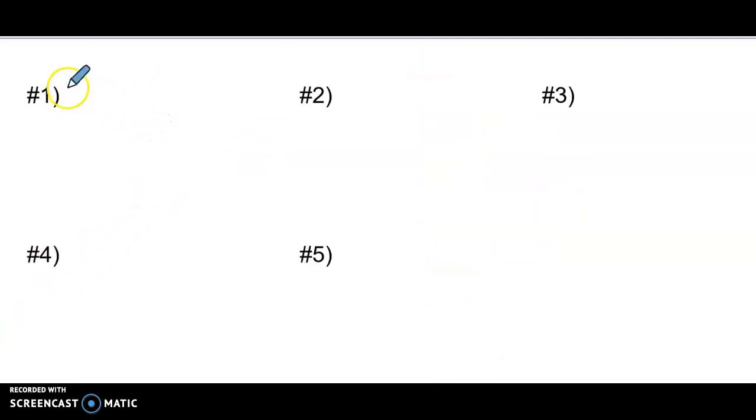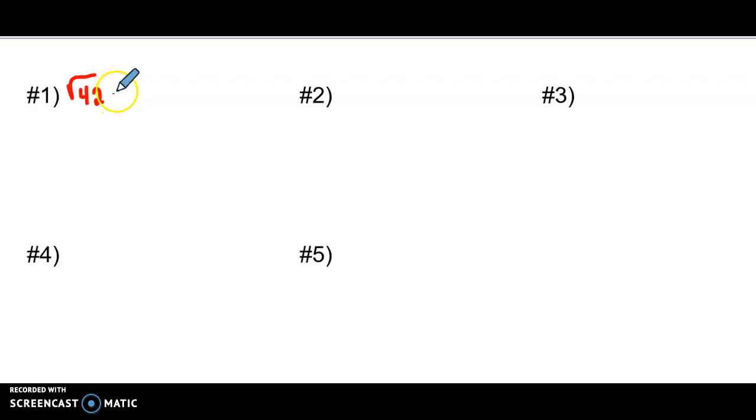So the first one that I'm going to go over with you is square root of 42. You're trying to find perfect squares that are in 42 so you can pull them out, and that's what we mean when we say simplifying. We don't want a decimal. We know that we can all put this in our calculator to get the decimal, but that's not the intention of this exercise.